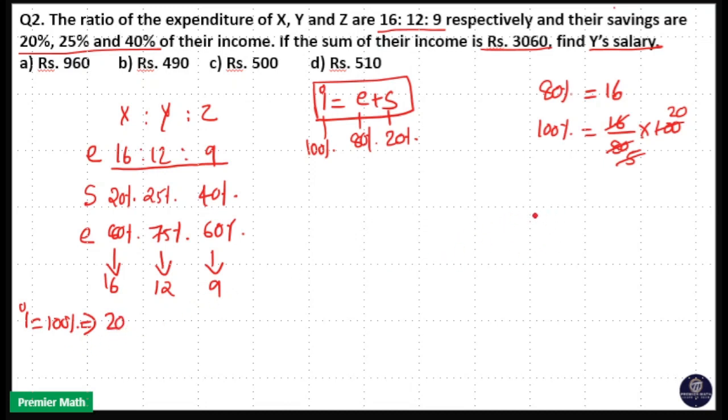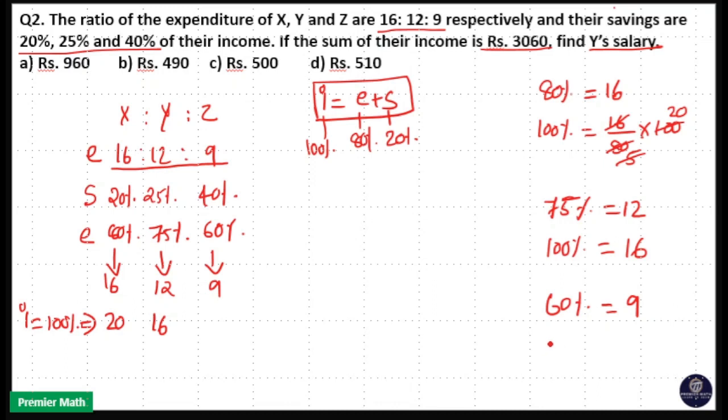Same way, if 75% is equal to 12, that means 25% is equal to 4. So 100% will be 4 into 4, 16. So 16 parts is Y salary. Same way, 60% is equal to 9. That means 20% is equal to 3.